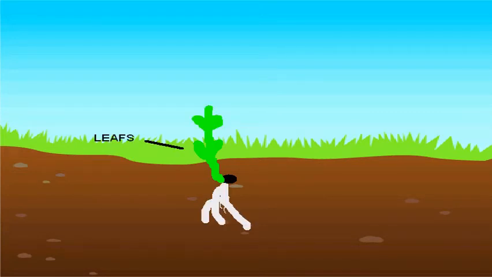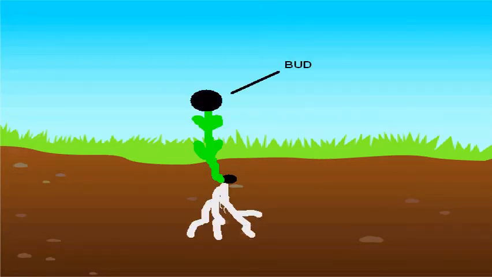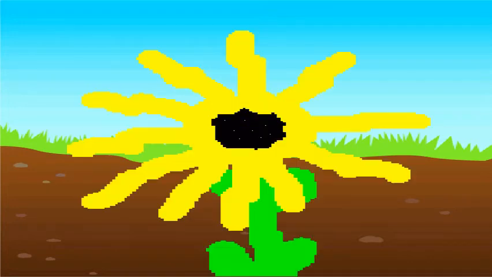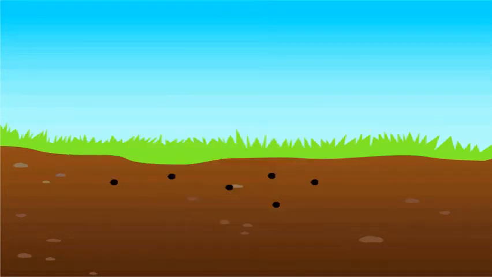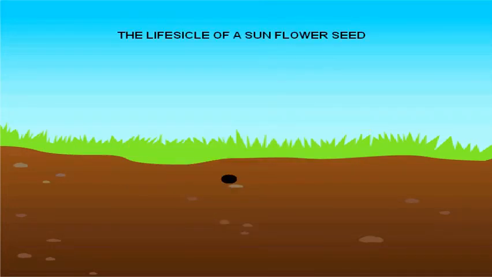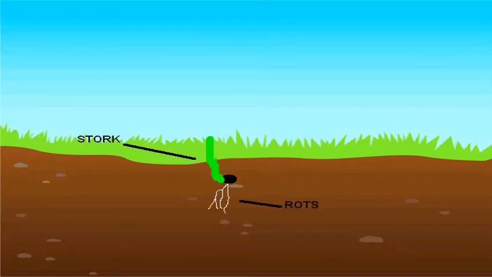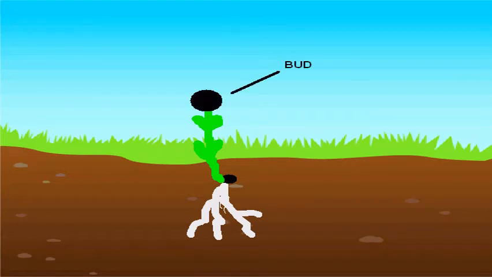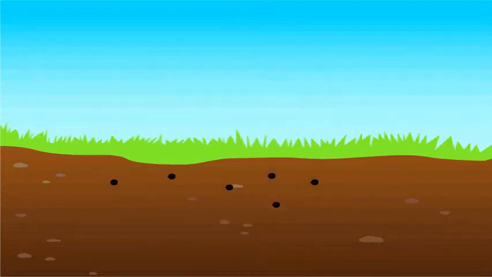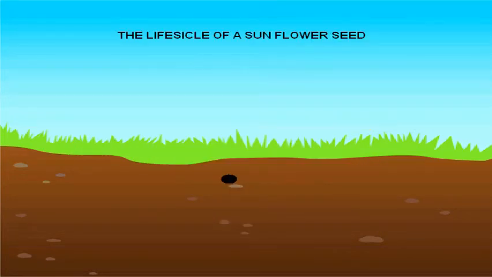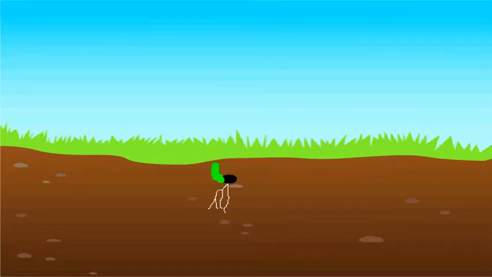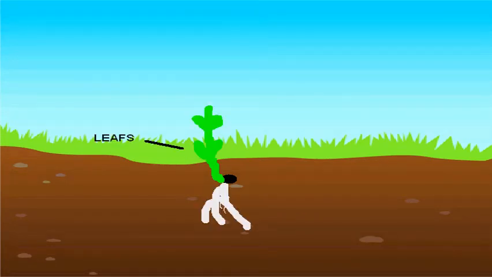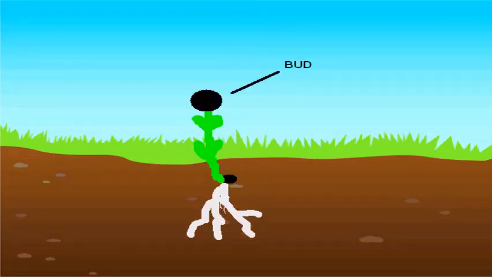The plant will grow a flower, and then the flower will make seeds. This is what we call the life cycle of a plant. The plant is making reproduction. It is making new copies of itself. This is the life cycle of the plant.